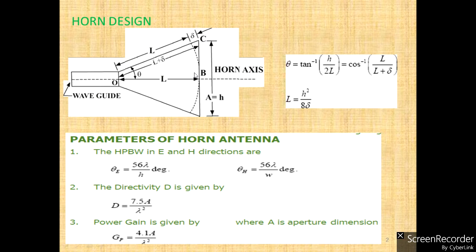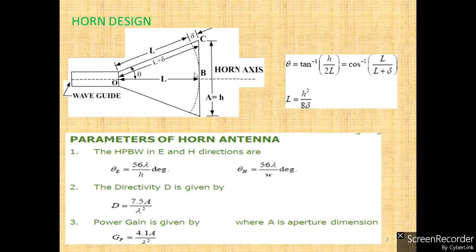We have OC as L plus del. And the equation of L in terms of del, we had a relationship that L is equal to H square by 8 times del. Now these are the equations which are used to design the horn antenna.